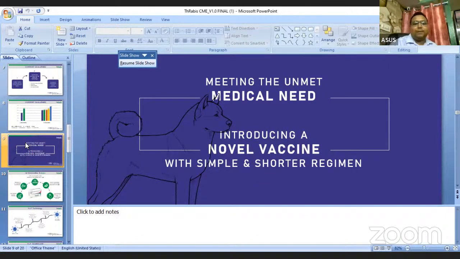Now, meeting the unmet medical need, introducing a novel vaccine with a simple and shorter regimen.